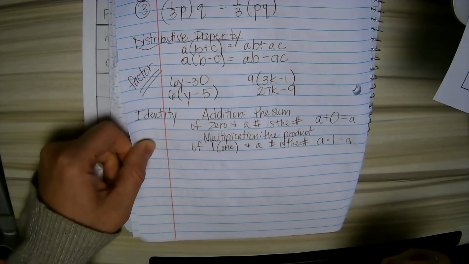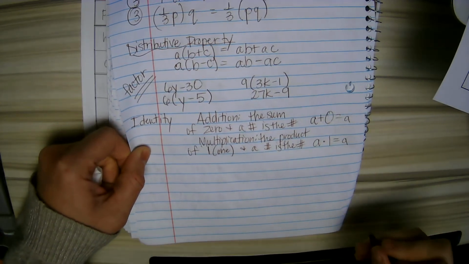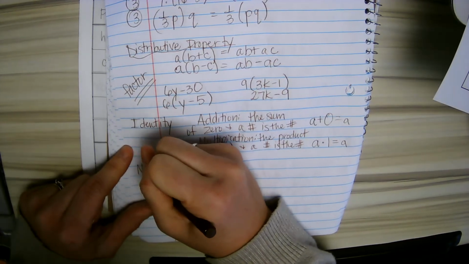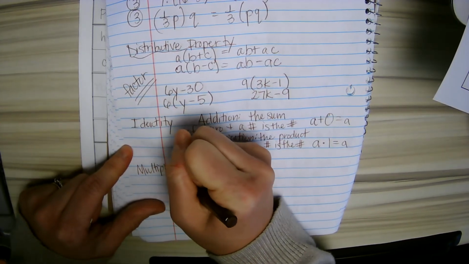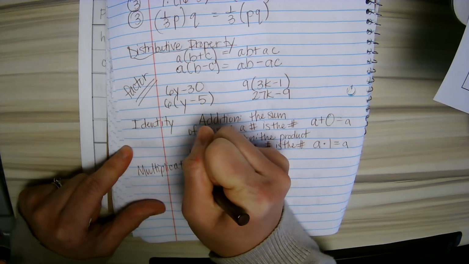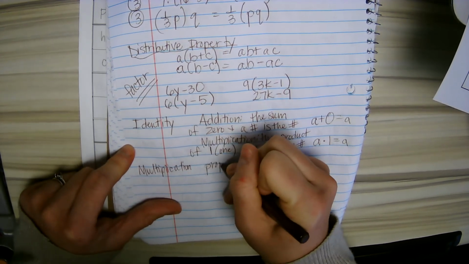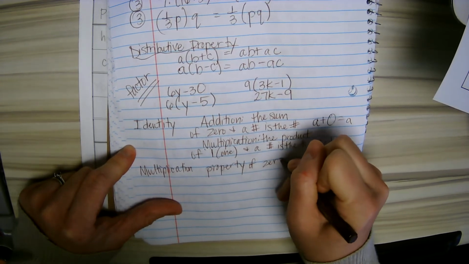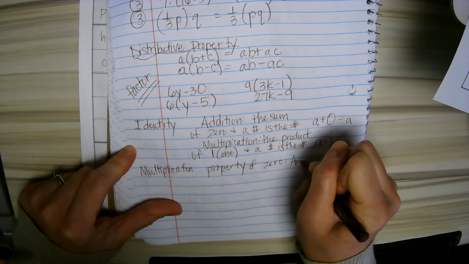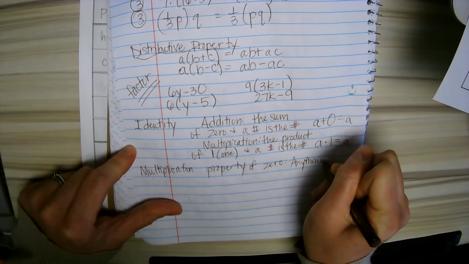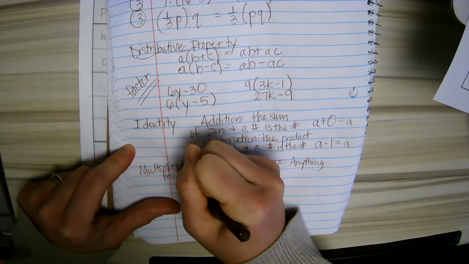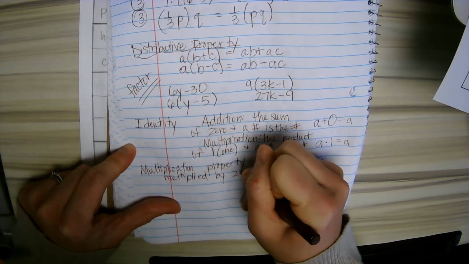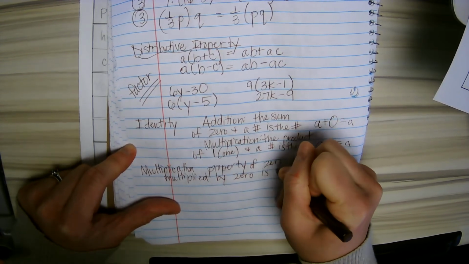For identity. The multiplication property of 0, you guys know all these. Property of 0. Remember, anything multiplied by 0 is what? Is 0.